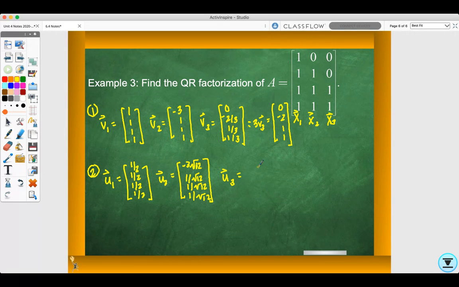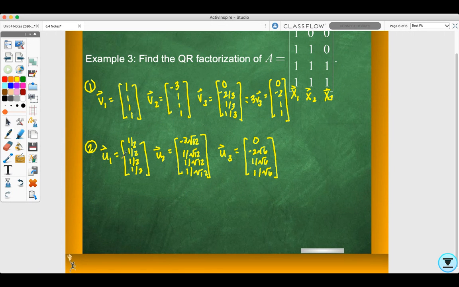And then U3 would be 0, negative 2 over the square root of 6, 1 over the square root of 6, and 1 over the square root of 6. So these vectors become the columns of matrix Q.